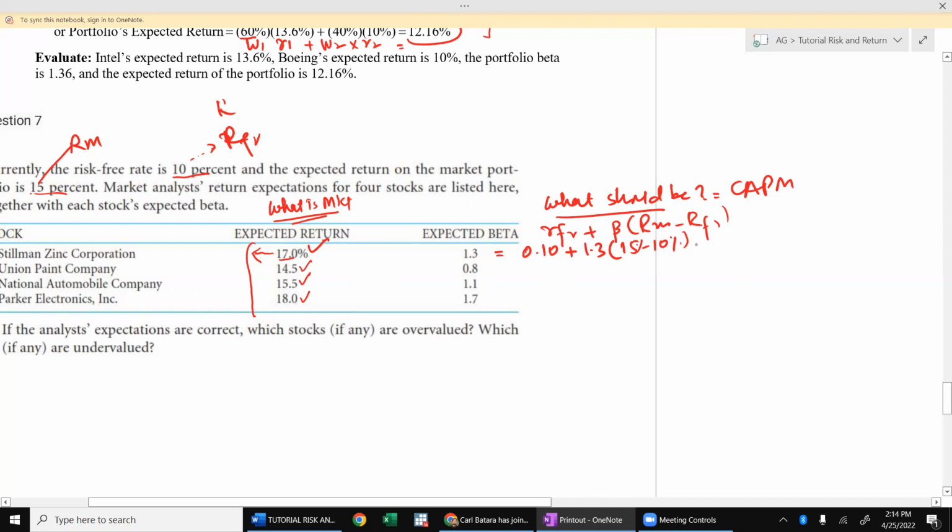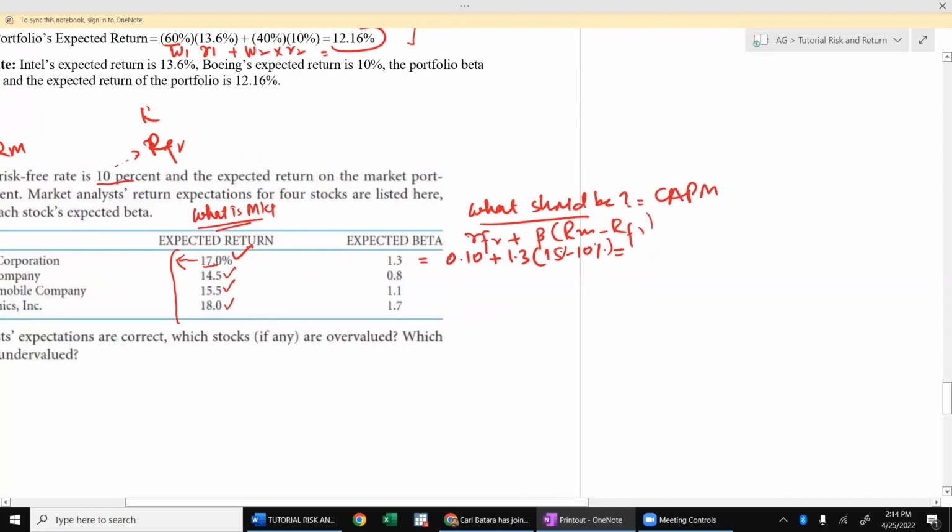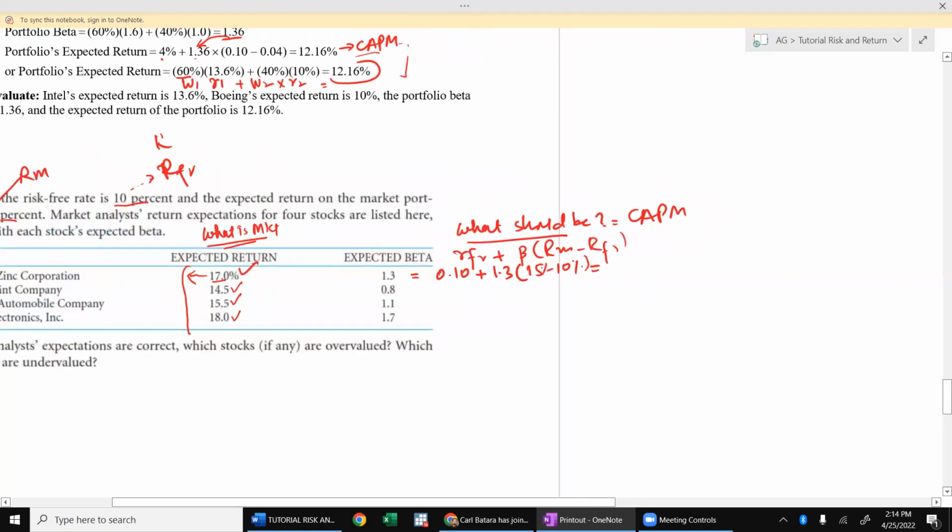What is the answer, students, for the first one? Very good, 16.5%. For the second one, 0.10, 0.8, and 5%.